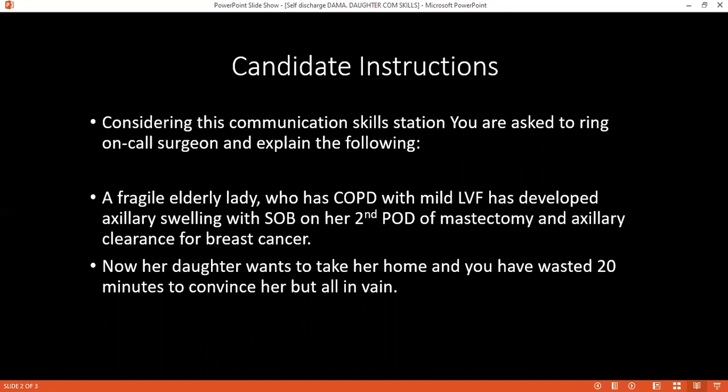We have an elderly patient who had a mastectomy 2 days ago, and she has a history of COPD with mild symptoms.